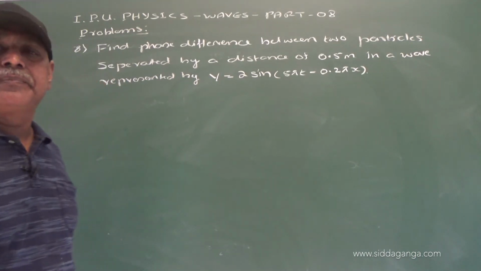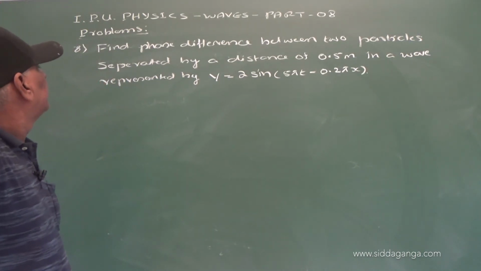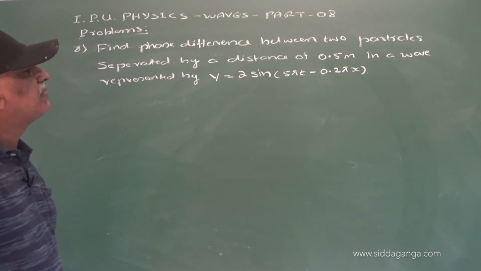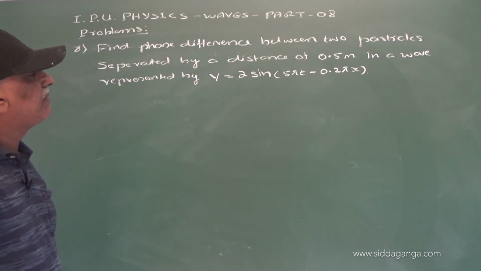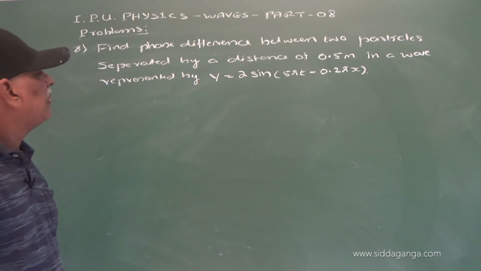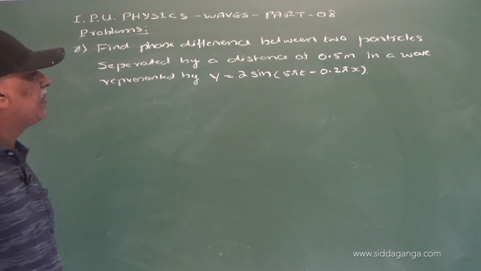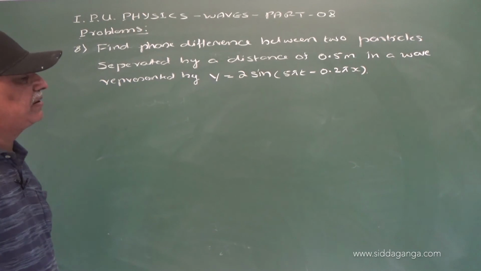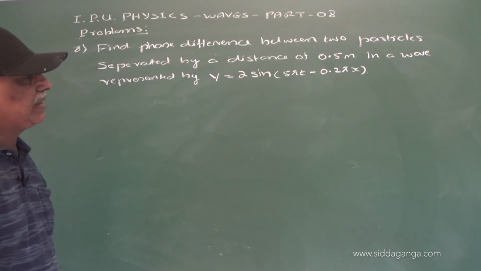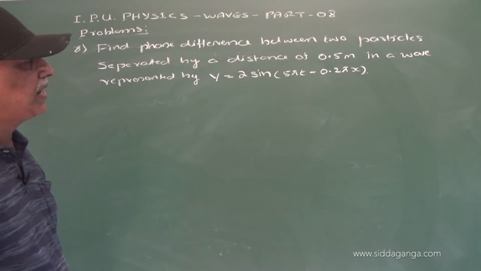Now in this problem, find the phase difference between two particles separated by a distance of 0.5 meter in a wave represented by y is equal to 2 sine (5 pi t minus 0.2 pi x).